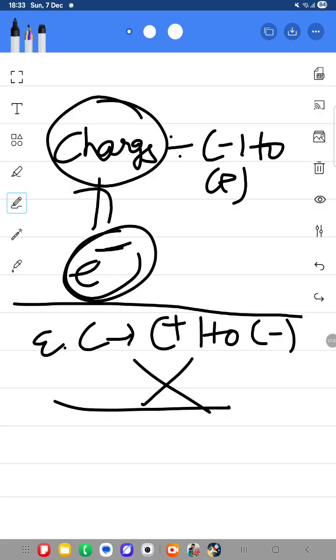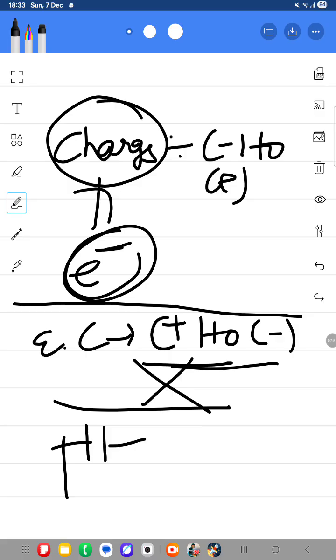So why are we studying this? We are studying because electric current was discovered very early, and we found many concepts related to electric current flowing from positive to negative terminal.